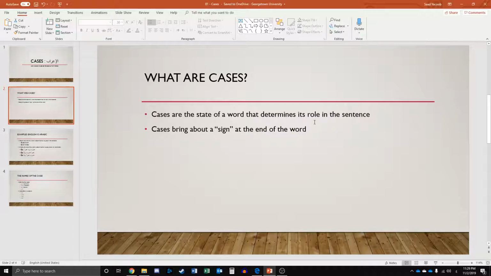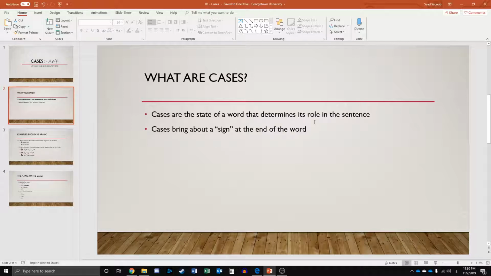What you need to concentrate on is that cases are the state of a word that determines its role in the sentence. This is a not 100% correct but very useful definition that we're going to work with. Cases are the state of a word that determines its role in the sentence. What does that mean?